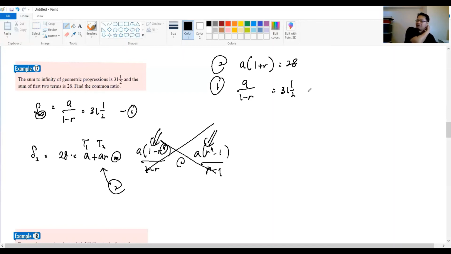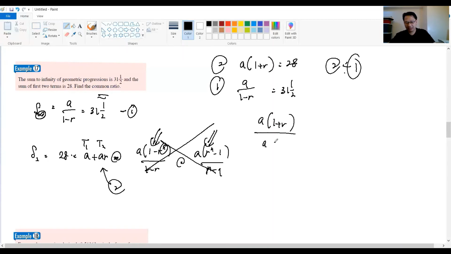Okay guys, to solve this problem, I want to find the common ratio. So I need to eliminate A. How? Very easy, divide 2 by 1. So it will be A(1 plus R) over A over 1 minus R equals 28 divided by 31 1/2.